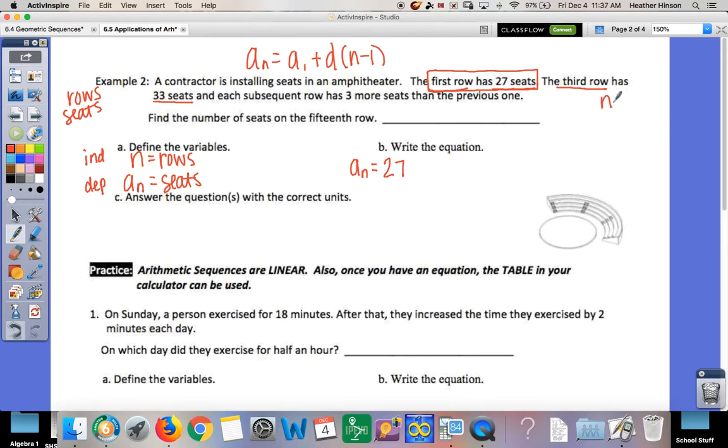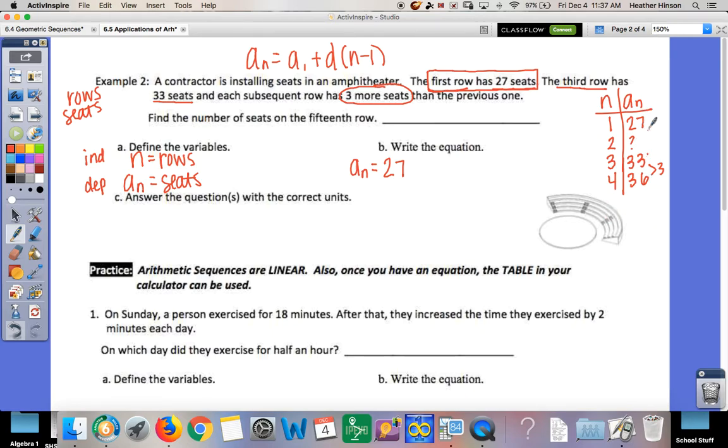And as always, we can make a table to organize our data. Our first row has 27. They didn't give us the second row, but the third row has 33. Then it says every row after that is going to have 3 more seats than the previous, which means the fourth row, if we add 3, is going to have 36, and so on and so forth.